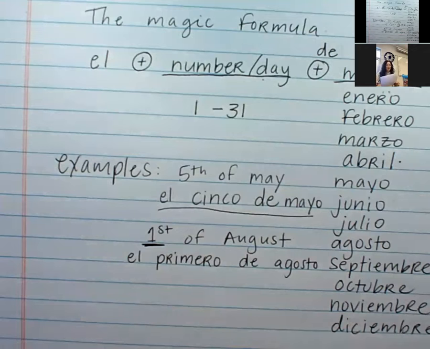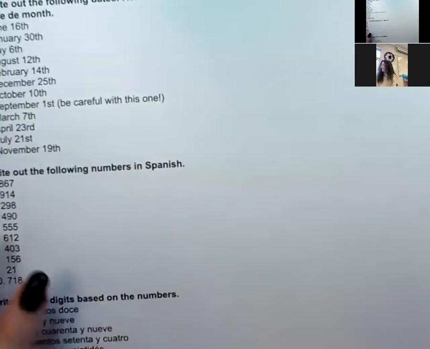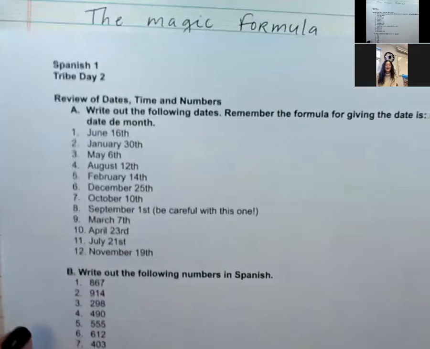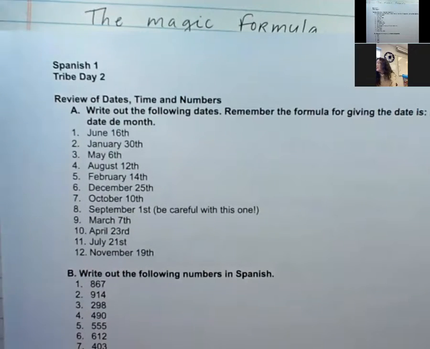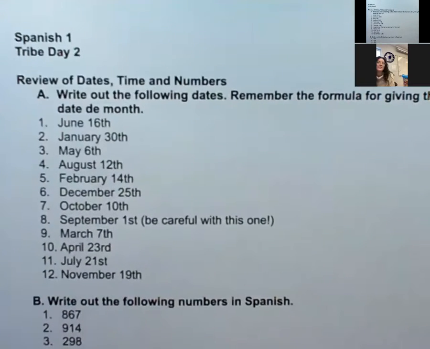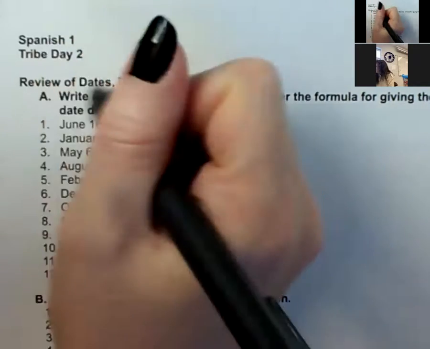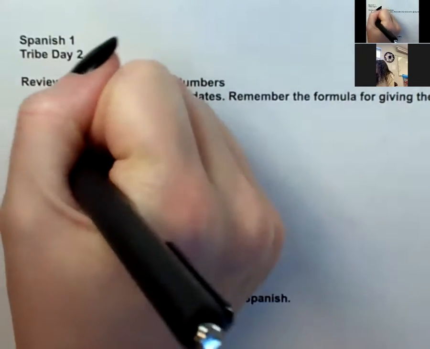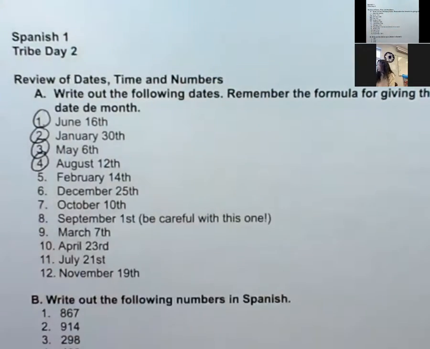Okay, so I'm going to pull up our assignment for today, and we'll do a few examples from section A. That way we stay focused on one topic at a time and we don't shift from topic to topic. And let's do the first 4. So the first one, we have June 16th.